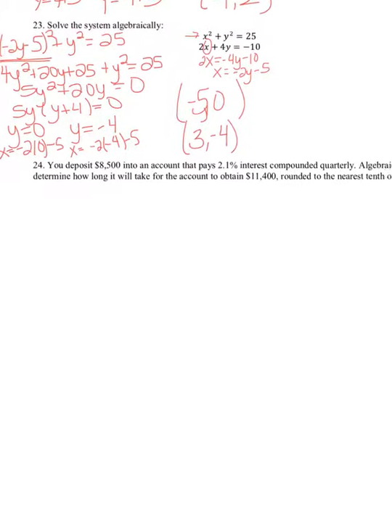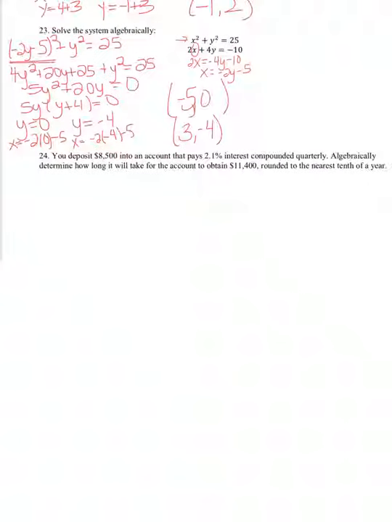And then the last question down here. This is talking about what we just did. You deposit $8,500 into an account that pays interest compounded quarterly. I still need to know all of these formulas. This is A equals P times 1 plus R over N raised to the NT. Algebraically determine how long, that is T, it will take for the account to obtain whatever it is.